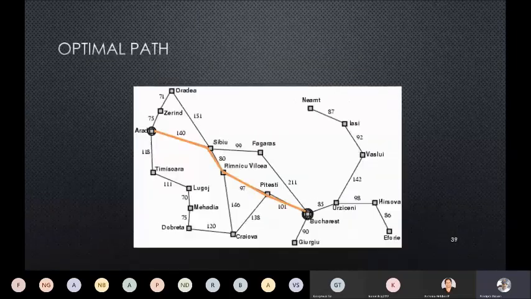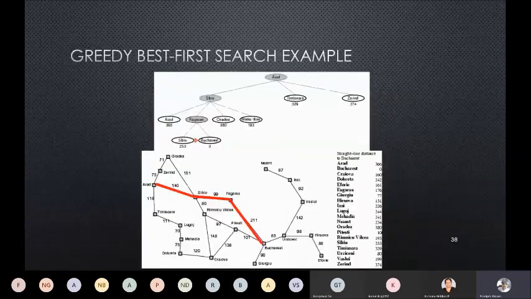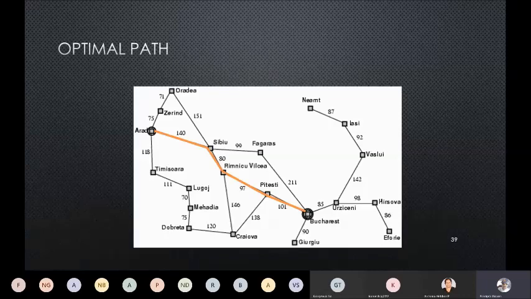But is it optimal? Interestingly, this best first search is not optimal, because from Sibiu, if I follow the other path through this city, Rimnicu Vilcea, something like that, then Pitesti, and then Bucharest, my total distance is lower than the previous distance. So here comes the A-star search.